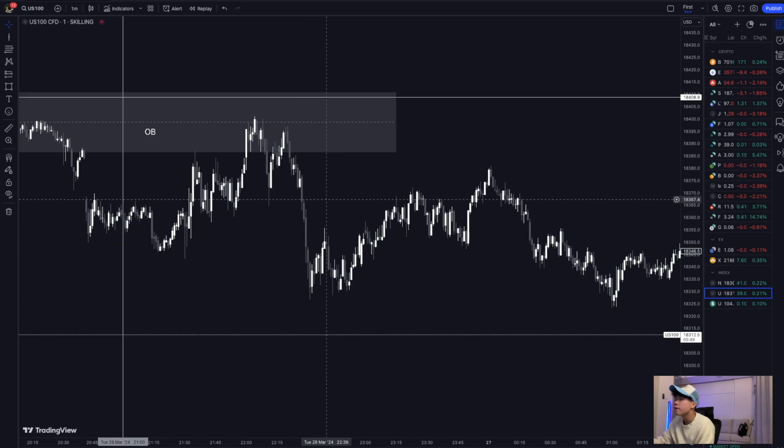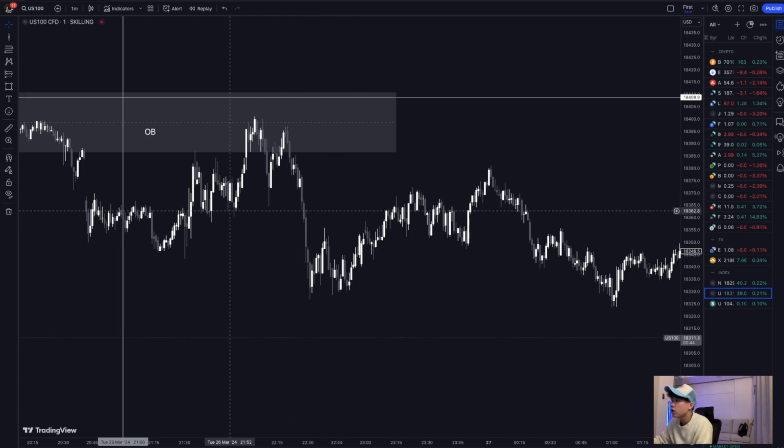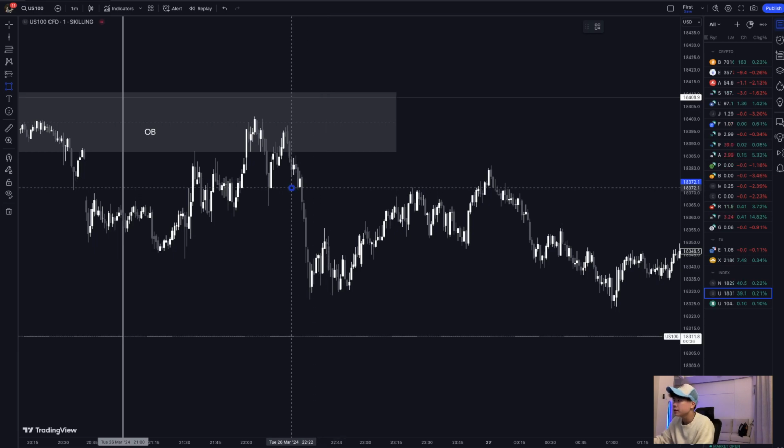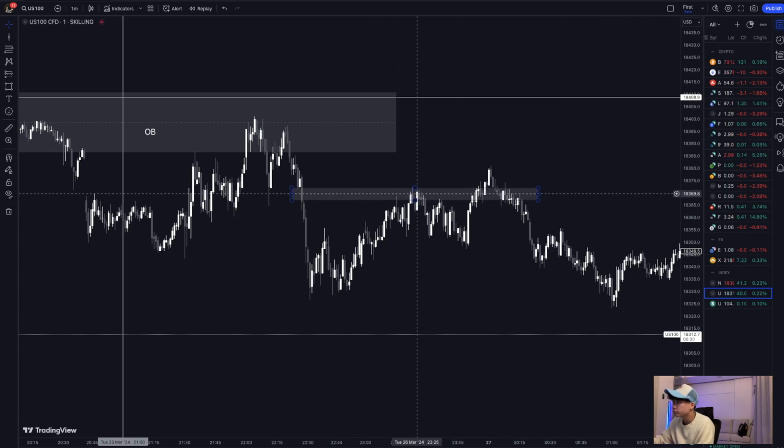One very crucial fair value gap I saw was this. We create a lot of low wicks here, which means this fair value gap would have a relatively higher probability of hitting better liquidity in that area. So I would enter a sell when price enters here, right here.